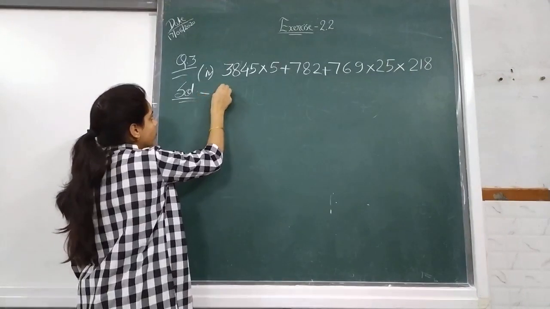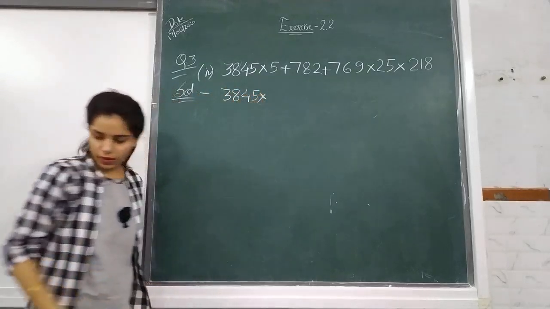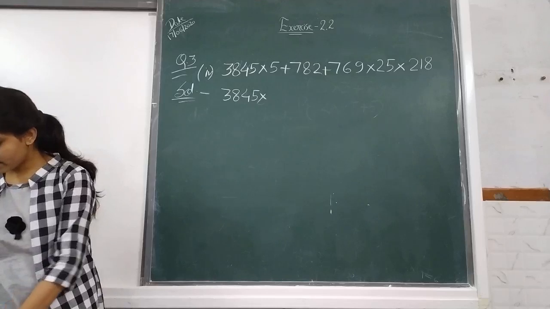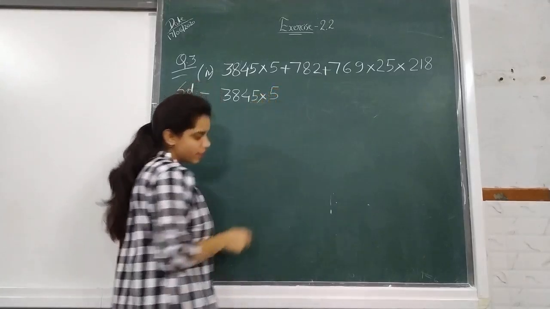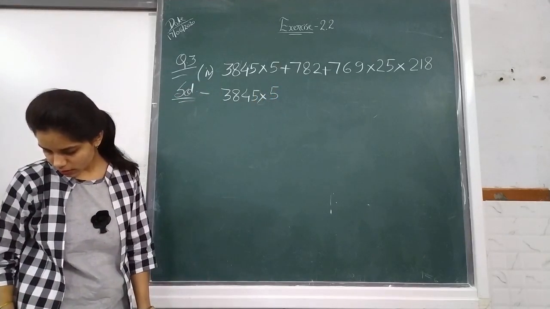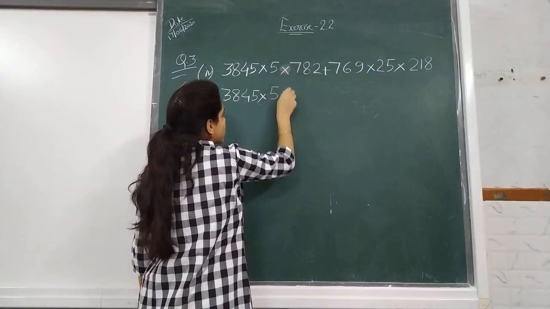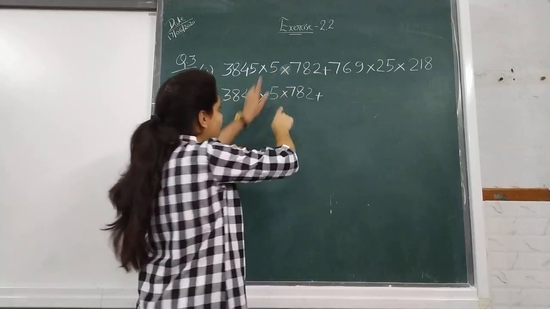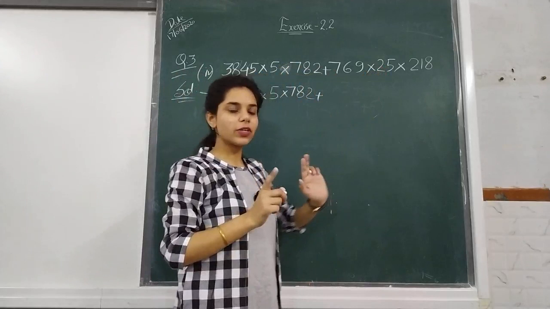So, 3845 into 5. We convert it and can write 25 as 5 into 5.